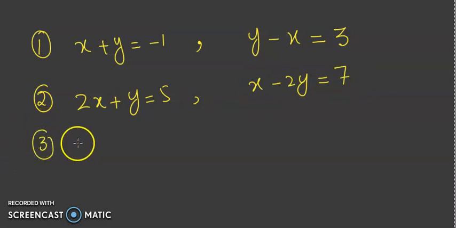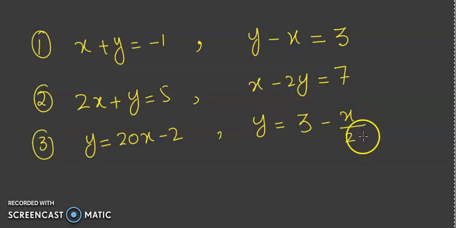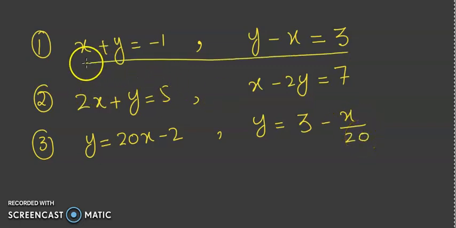And in the third example, y equal to 20x minus 2 and y equal to 3 minus x over 20. So what about these two lines? Are they perpendicular to each other?